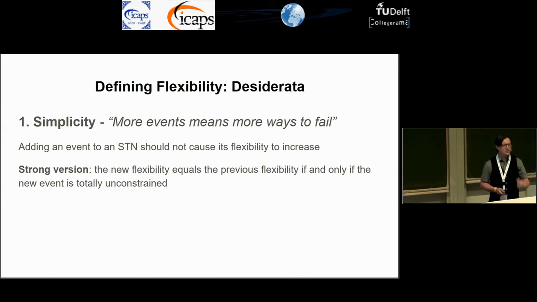We also define a strong version of simplicity, and in this case, we add the qualification that the flexibility of a new STN that comes from adding an event should only be the same as the flexibility of the previous STN if the new event is totally unconstrained, because that essentially will have no impact at all.